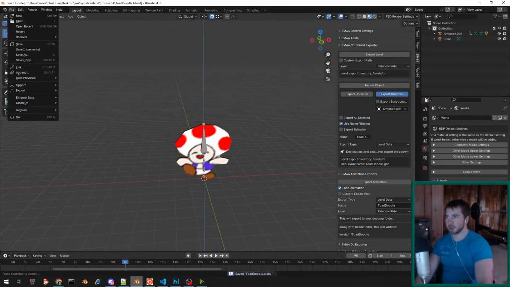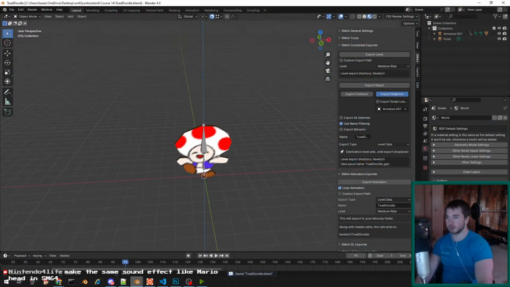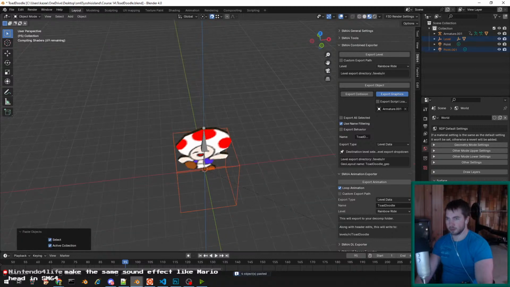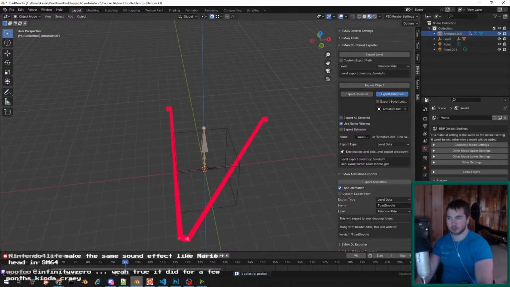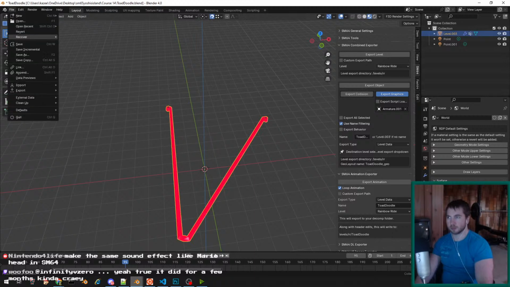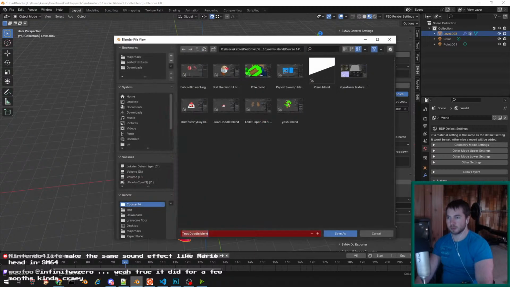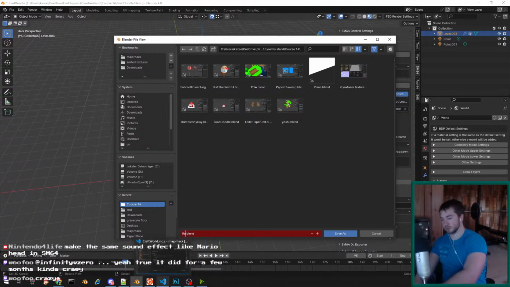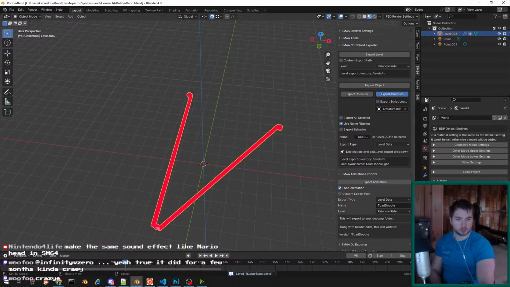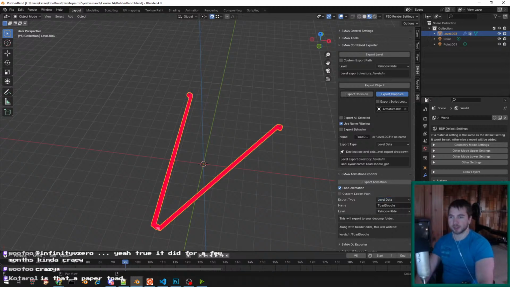It's fine that it's rotated. Like the same sound effect Mario had in Mario 64. That would be very fitting.